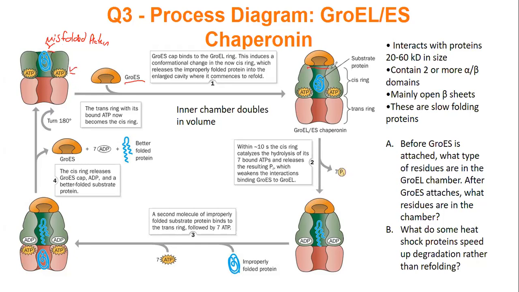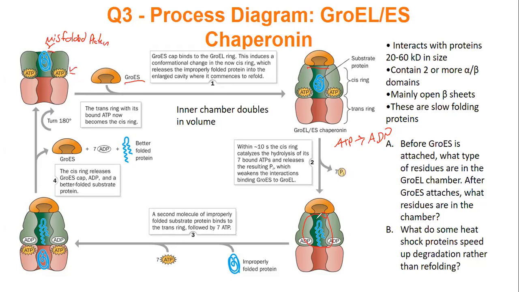What will also happen is that when this cap binds, the 7 ATPs that were bound become ADPs. So we dephosphorylate 7 ATPs, and we use that energy to change the shape of the inside chamber of GroEL. This takes roughly 10 seconds, this whole changing of the shape. And when that happens, our protein inside GroEL will start to fold.